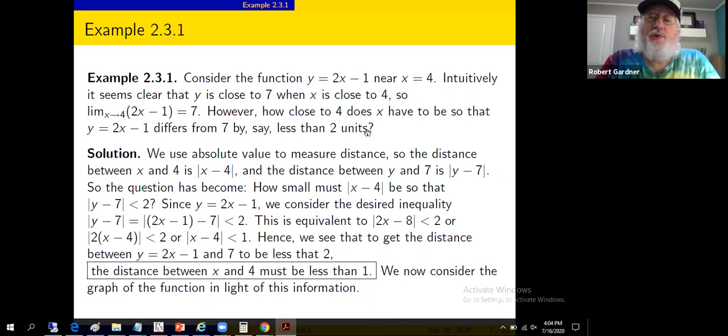The as close as you want was the 2, and the sufficiently close turned out to be 1. When as close as you want is 2, sufficiently close is 1. If we were to change this to 1/1,000,000th, then we'd certainly have to change this down here. And in all this, we're going to say, I don't care what happens at x equals 4. It doesn't matter what happens at x equals 4.